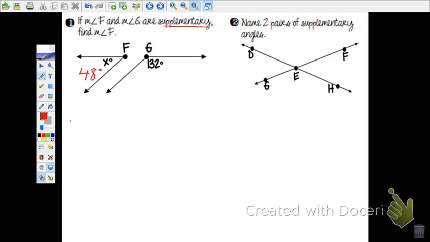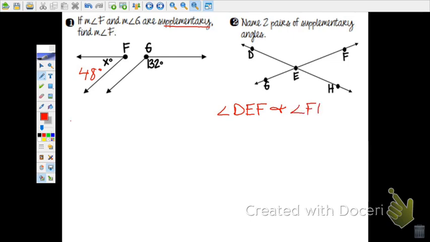Number 2 says to name 2 pairs of supplementary angles. So what would be 1 pair of supplementary angles? Yes, Savannah? Angle DEF and angle FEH.